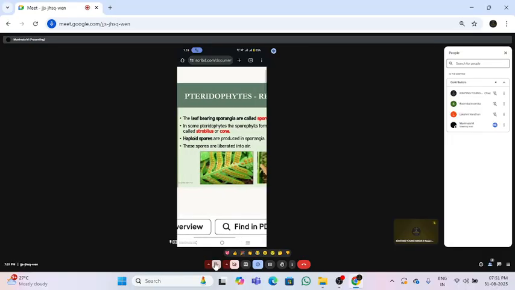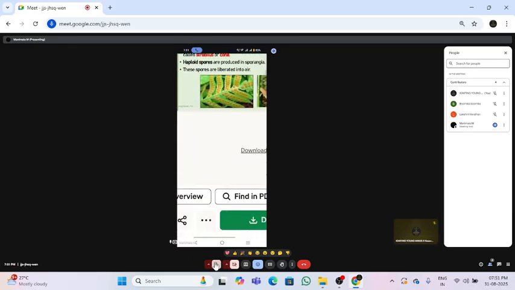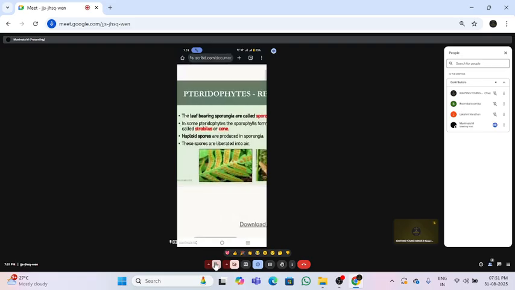Generally these spores are haploid, and they are distributed into the air. They are liberated into the air. So this is the reproductive structure.